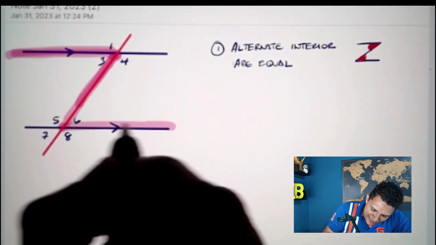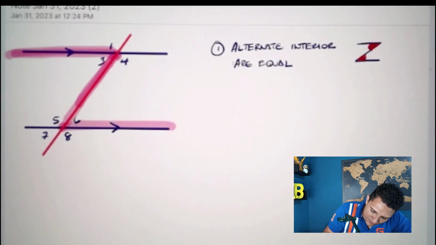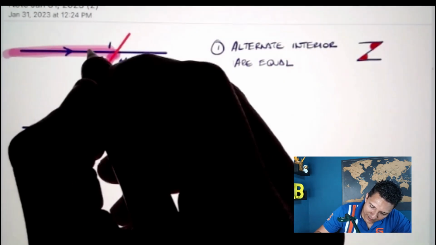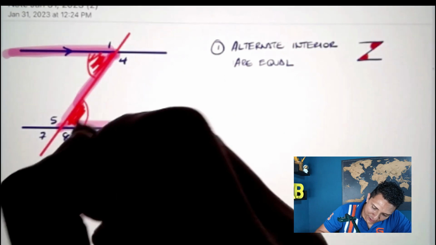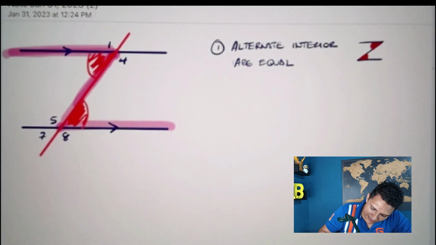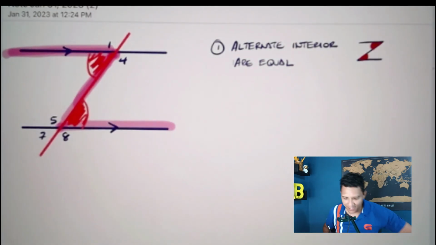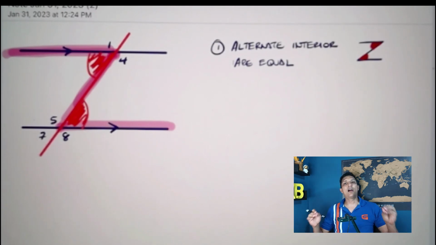The letter Z, I don't know if you're able to see it, but here we have a letter Z. And that means that the angles 3 and 6, those two angles are equal.